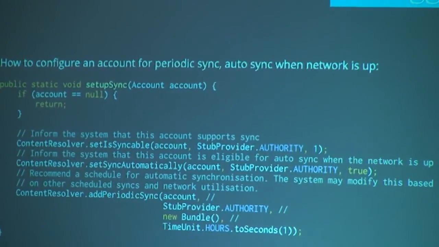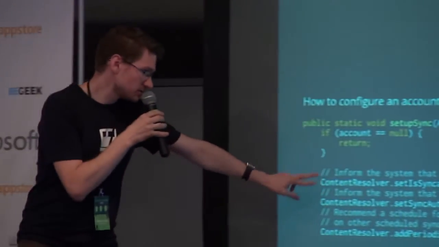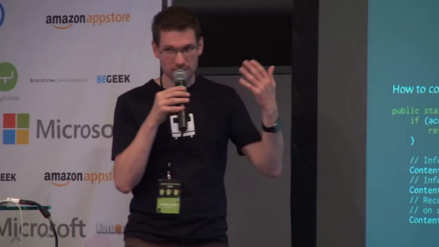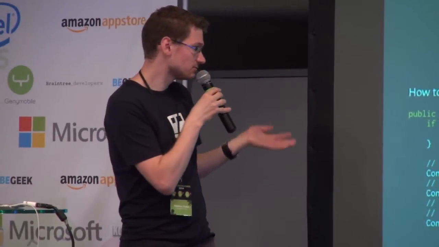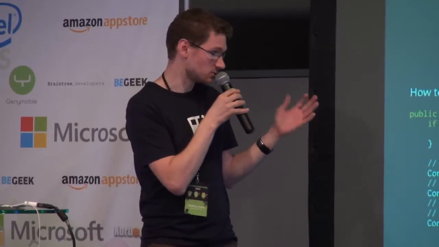You can do this when creating an account. This is the Java equivalent of the XML parameters that I told you about just before. And then we can use setSyncAutomatically. This is what the system uses to trigger periodic synchronization depending on the availability of the network.